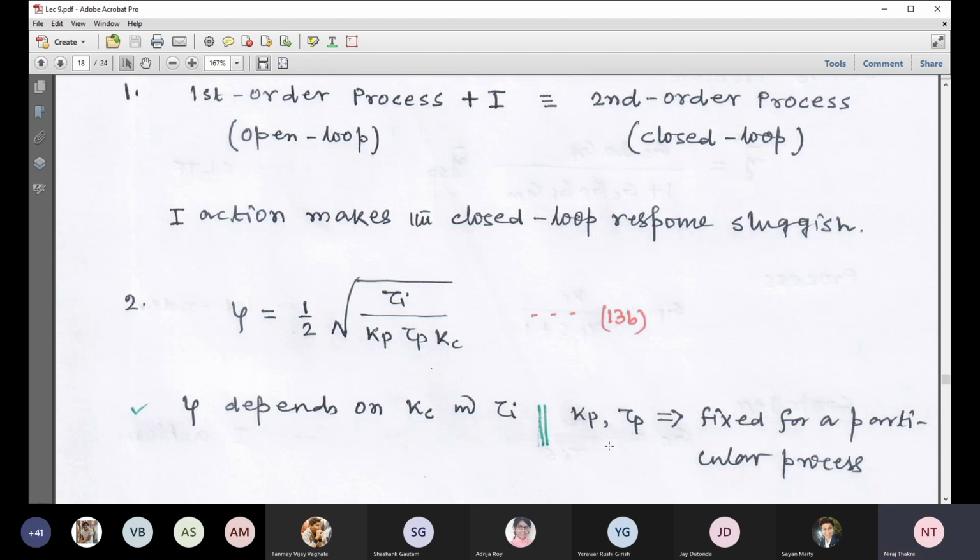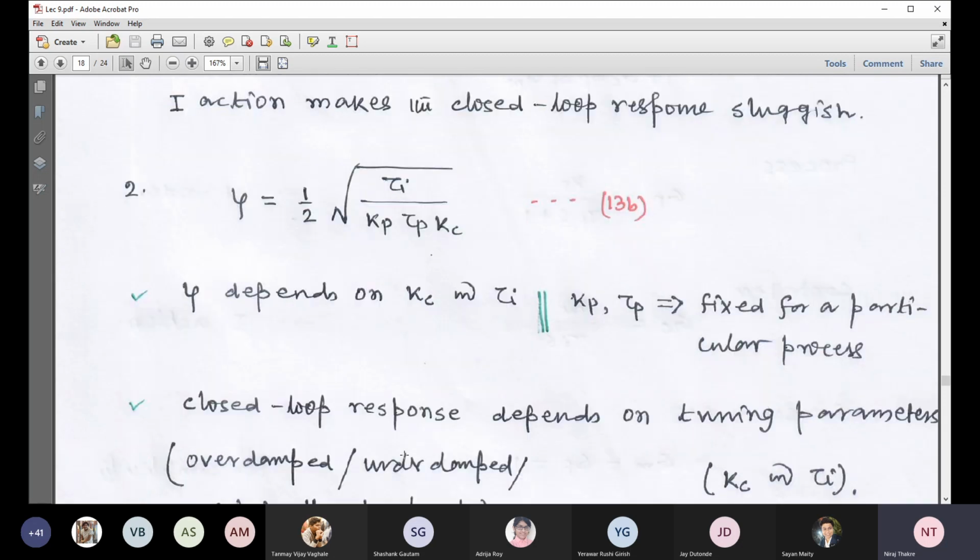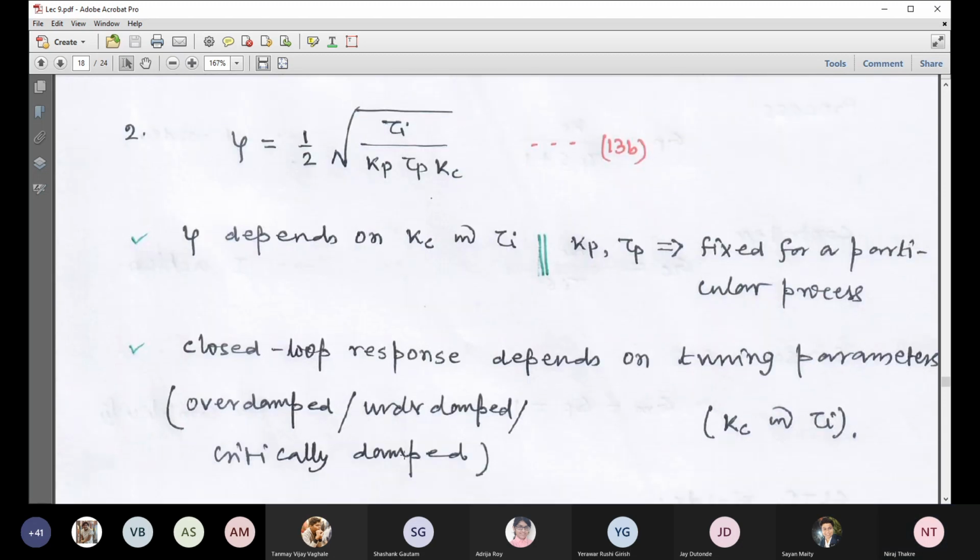Okay, so that's why I have written Kp and tau p, they are fixed for a particular process for which we are going to study the closed loop response. We can vary Kc and tau I because these are tuning parameters. So ultimately we have to fix the best, better to say optimal, Kc and tau I values. Now you're understanding this closed loop response basically depends on the tuning parameter values.